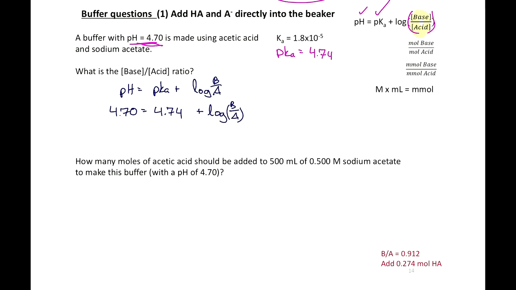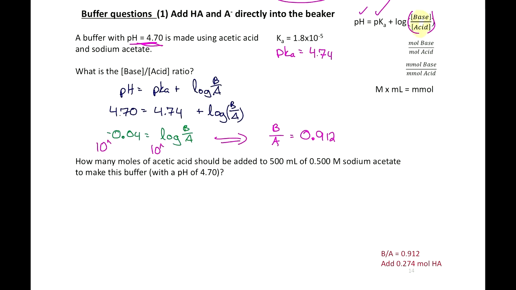So let's see if we're right. Subtract some stuff, and you get that negative 0.04 equals log base over acid. To undo a logarithm, we do 10 to the negative 0.04 on both sides. And so what we get is that the base to acid ratio equals 0.912.